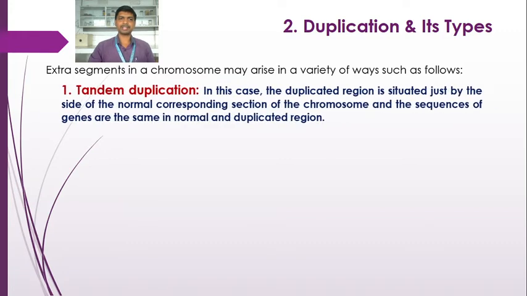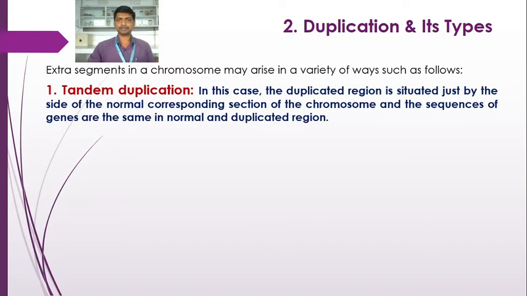The first type is the tandem duplication. In this case, the duplicated region is situated just by the side of the normal corresponding section of the chromosome, and the sequences of the genes are the same in normal and duplicated region. So what happens in tandem duplication?